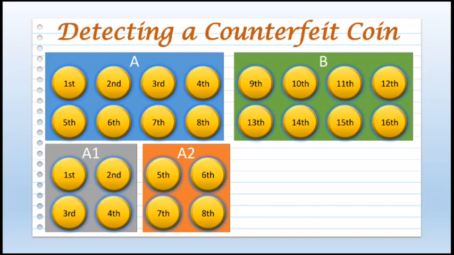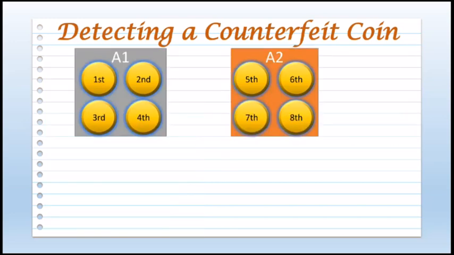Whichever group has lesser weight will have the counterfeit coin. Suppose A2 has less weight than A1, then the counterfeit coin will be present in A2. So now there are 4 possibilities: either the 5th, 6th, 7th or 8th coin is the counterfeit coin.